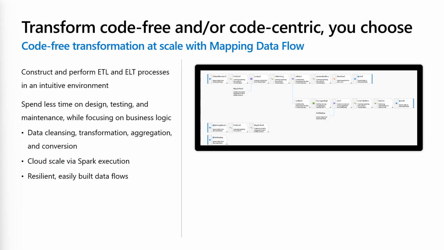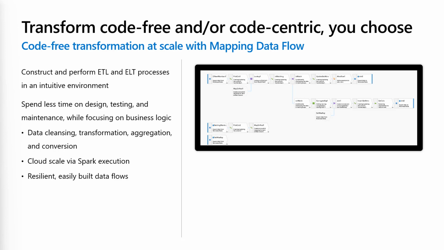So within Data Factory, you can choose to work on code-free or code-centric data transformation. Mapping data flow is the code-free version of data transformation. You can do a visually designed data transformation in Data Factory without writing any code.